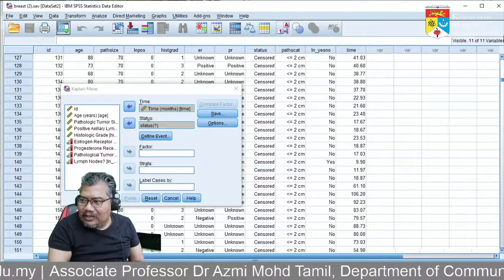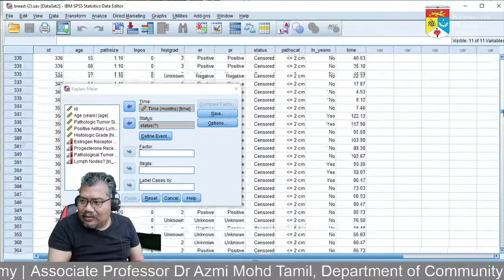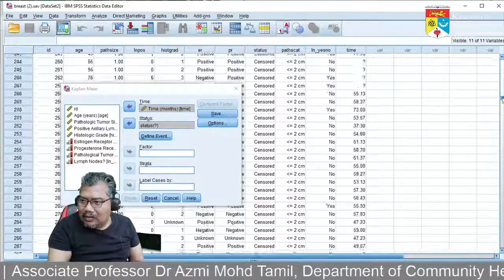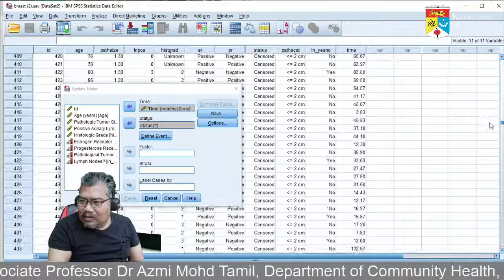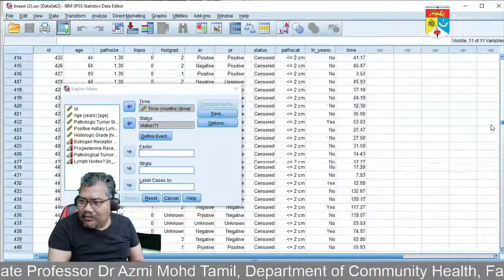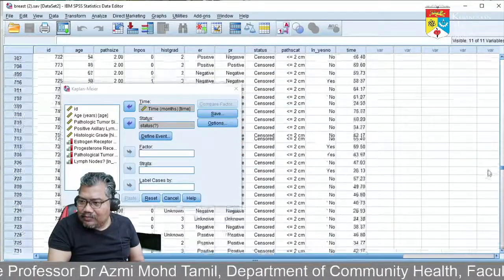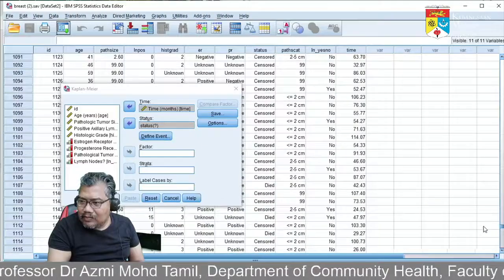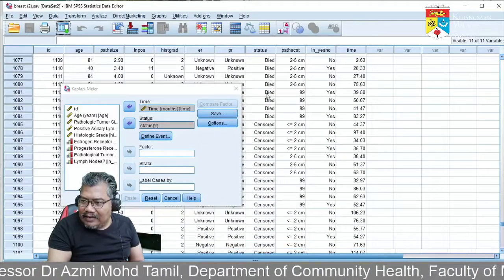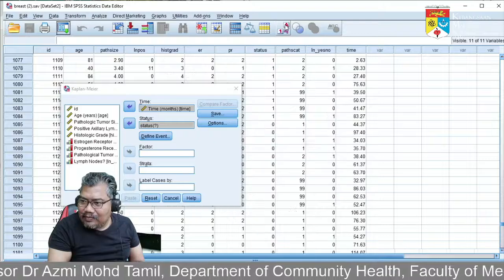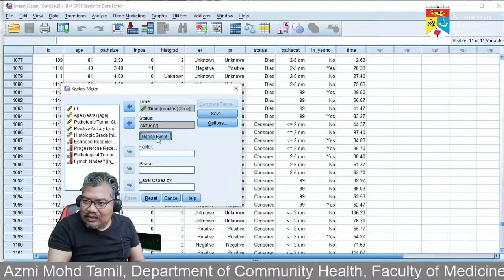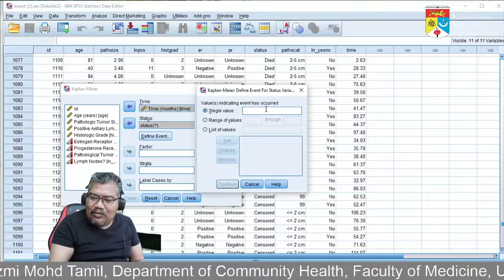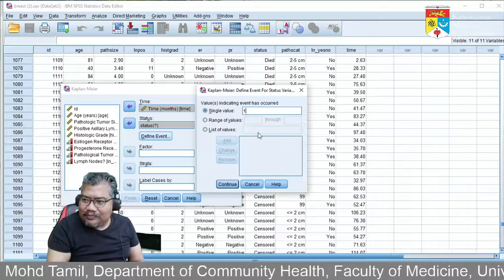At the bottom, there are some people who have reached the endpoint, so you have to take note of the coding for the endpoint. Those who died are coded as 1. So you put status, define event, and the value is 1.